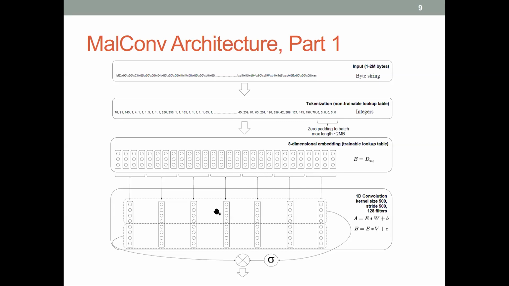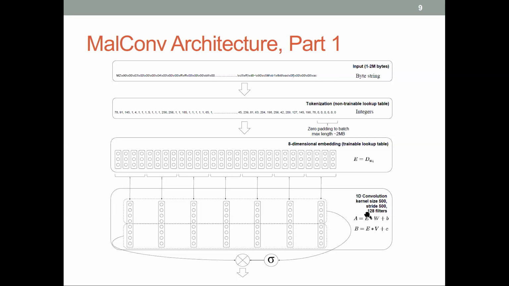And then they pass it to a gated convolutional network. They use a one-dimensional convolution with a kernel size of 500, which is really large compared to typical convolutional networks, with a stride of 500 and 128 filters. You're probably not familiar with gated convolutional networks. What this does is essentially it produces two sets of output.